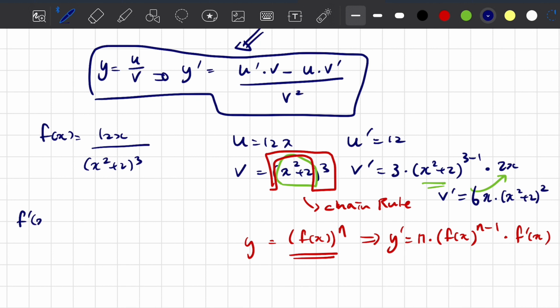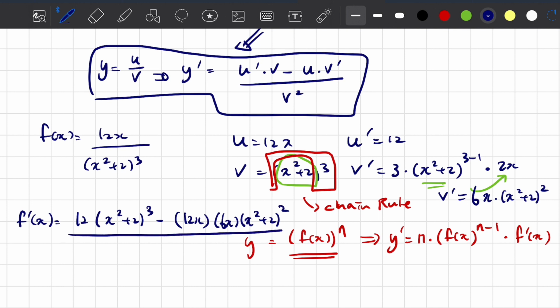The derivative of f of x is 12 times (x squared plus 2) to the power of 3, which is u prime times v, minus 12x, which is u, times v prime, which is 6x times (x squared plus 2) to the power of 2, over v squared, which is (x squared plus 2) to the power of 3, all squared.